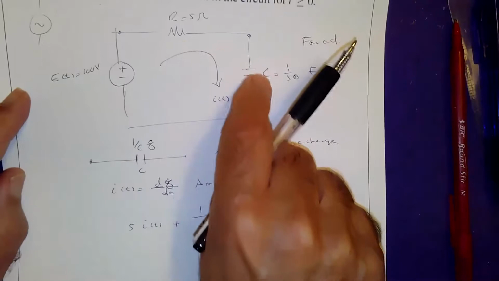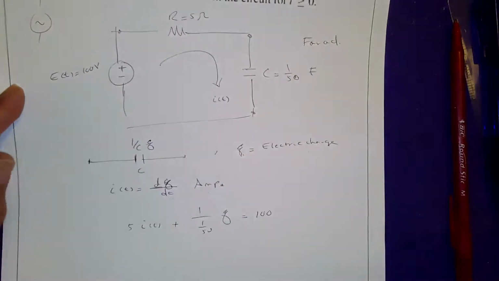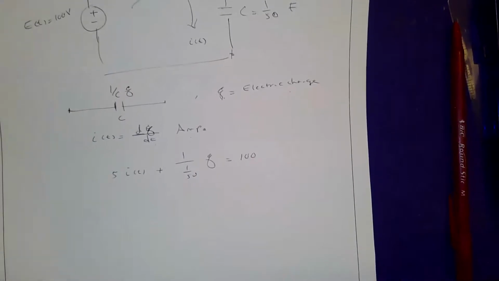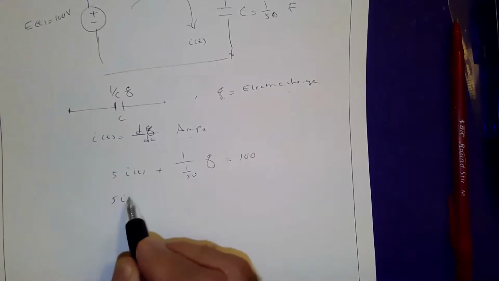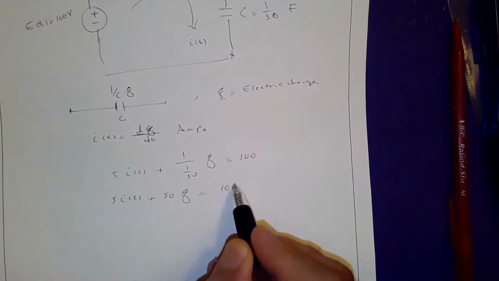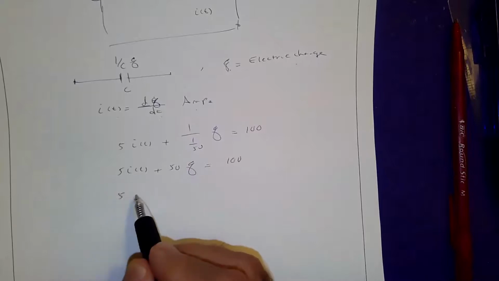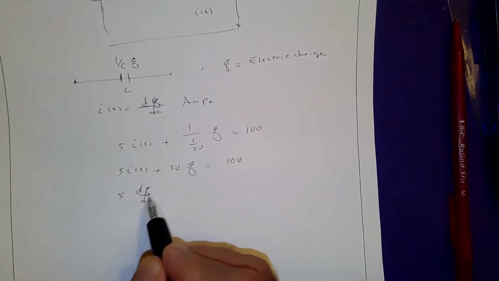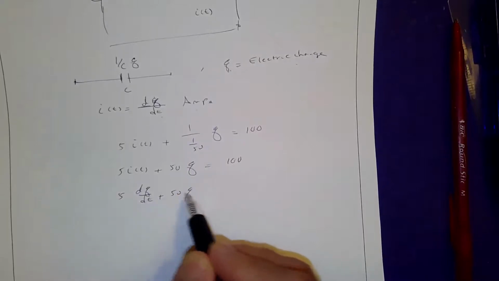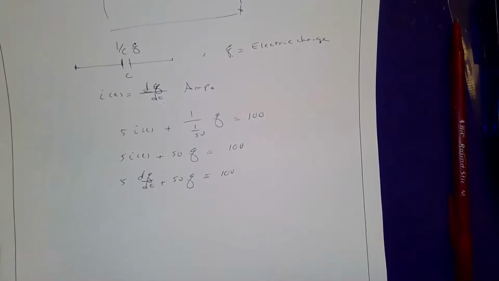So the sum of the voltages on each of the elements should add up to the voltage source. So this would be 5I plus 50Q equals 100. But keep in mind, I is equal to dQ/dt. So ta-da, we have a linear differential equation. Do you all see it?